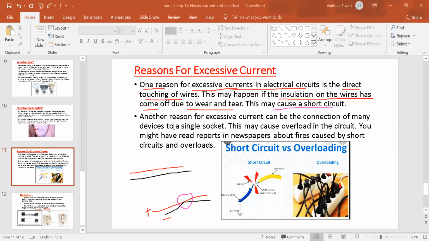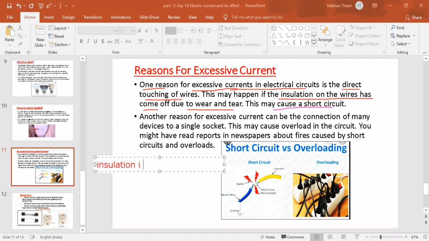So what we can write is this: when insulation is removed, the wires touch each other and a short circuit takes place.